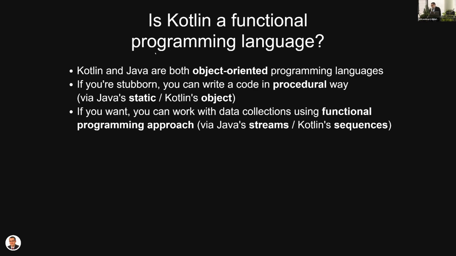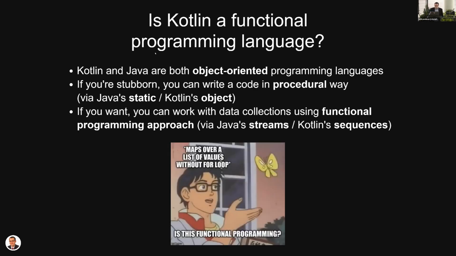You can use it, you don't have to use it. It's totally up to a developer to decide. So if we map over a list of values without a for loop, is it functional programming already? It's a small piece of functional programming, but we're still writing more or less in this object-oriented way.